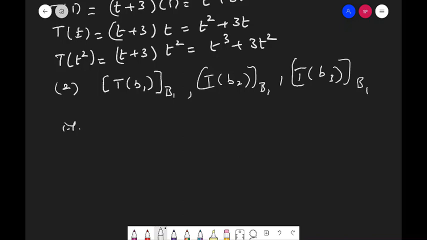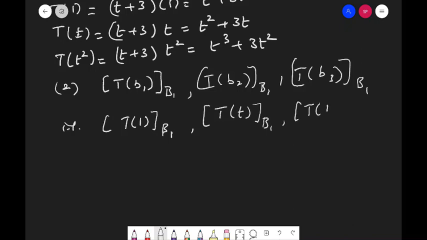That is, T of 1 with respect to the basis B1, T of t with respect to the basis B1, and T of t square with respect to the basis B1.